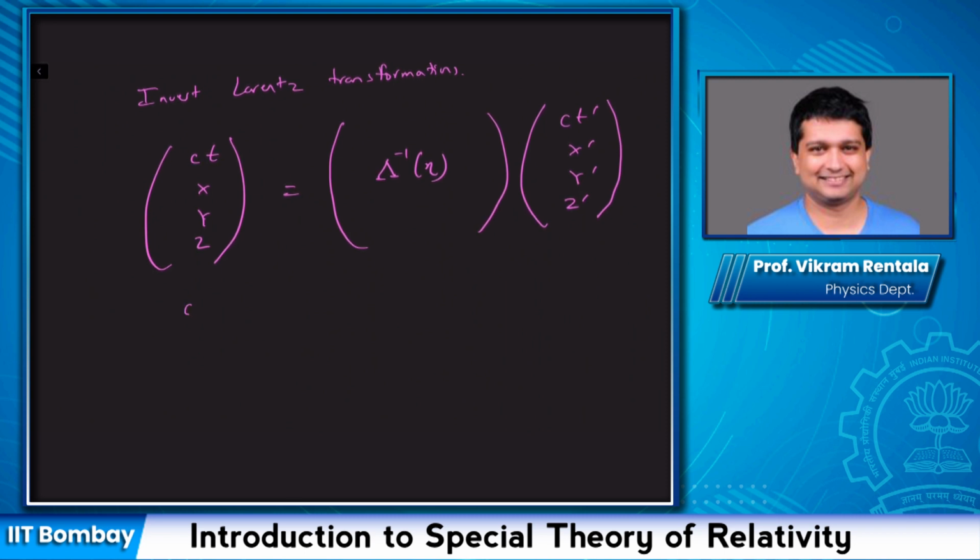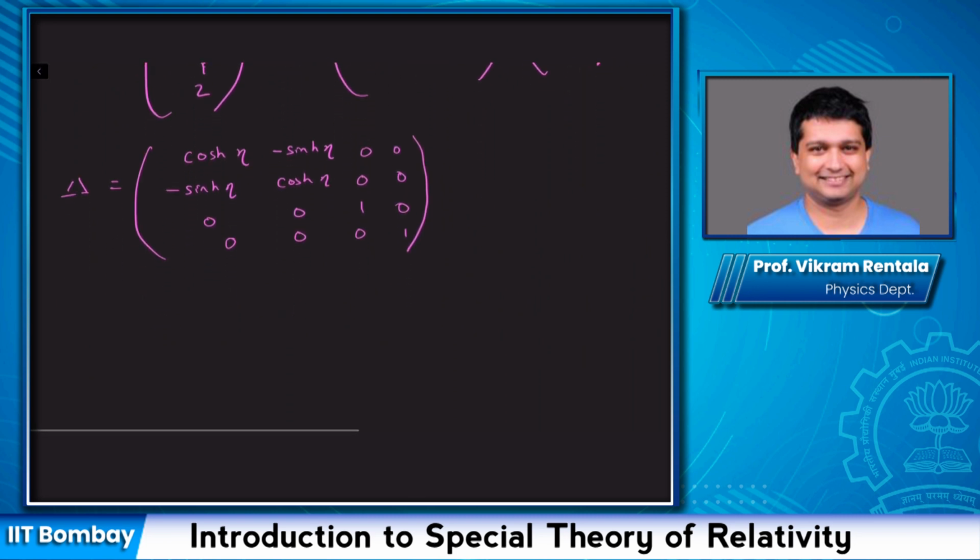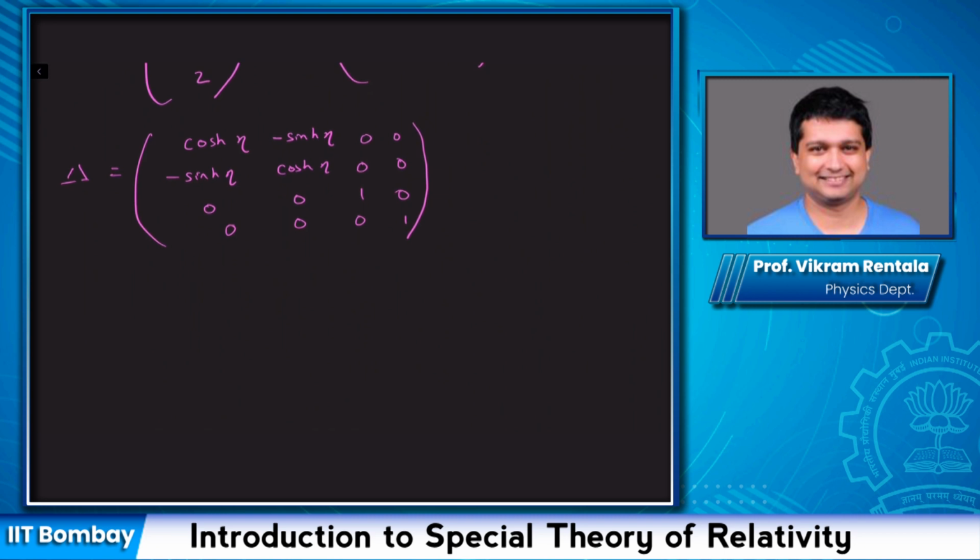So let's work out the inverse of this matrix: cosh eta, minus sinh eta, minus sinh eta, cosh eta. It's not hard to work out the inverse.